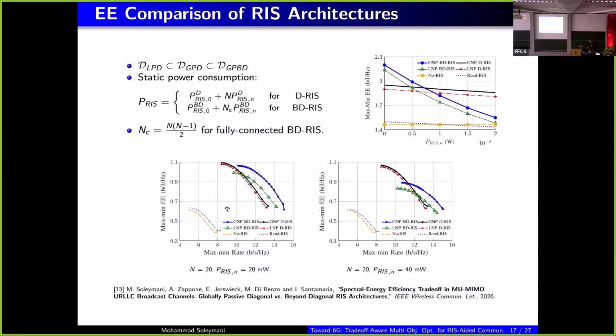If your circuit design is working well and you don't have that much static power per element, then it would also be great, and it can improve the energy efficiency as shown in this figure. But as the static power consumption of the circuit elements increases, the energy efficiency would be lower and lower. So in this example, you can see that adding complexity may not necessarily improve all the different performance metrics simultaneously.